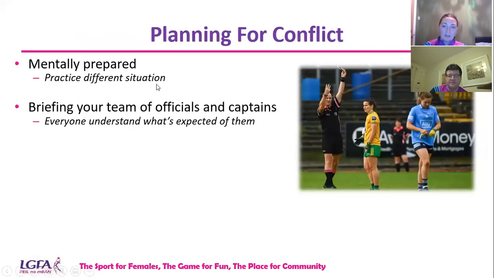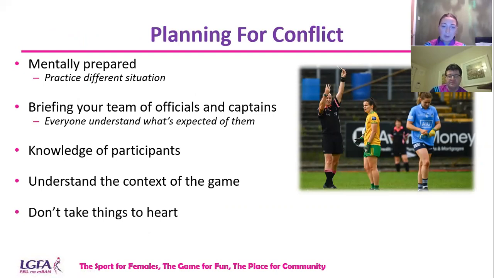So, planning for conflict. And I think this probably comes from recognizing our conflict. You're going to have scenarios that happen in a game. You should have thought about them. I would always recommend talking to a friend who knows the rules, who's a referee, and saying either this happened in my game this week, or what if this happens, like Stephen said, what happens if it goes to extra time and there's somebody who's been sin binned?